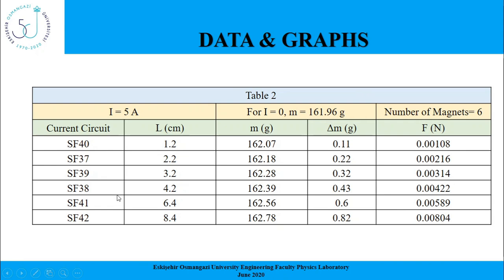For these current circuits, the measured value of mass from the scale, and the difference between this value and these values, and also the calculated force values, which are the difference between mass values times the gravitational acceleration.